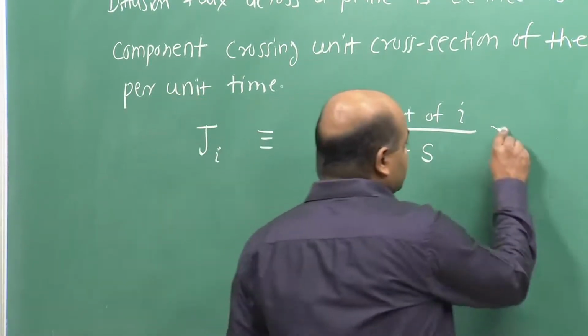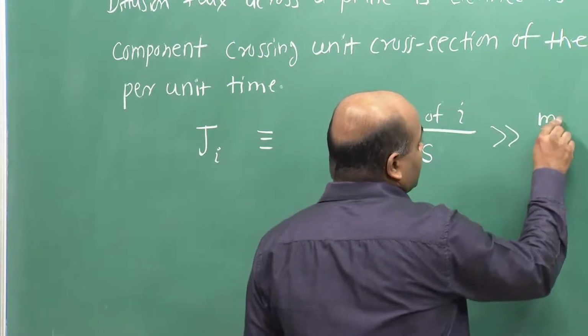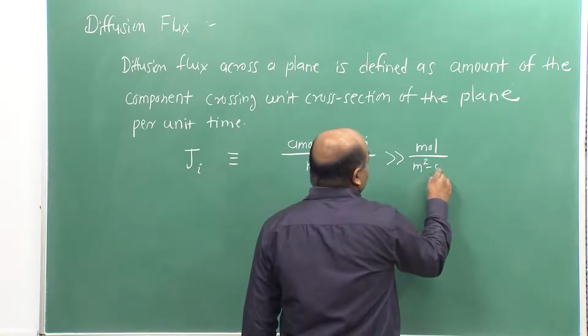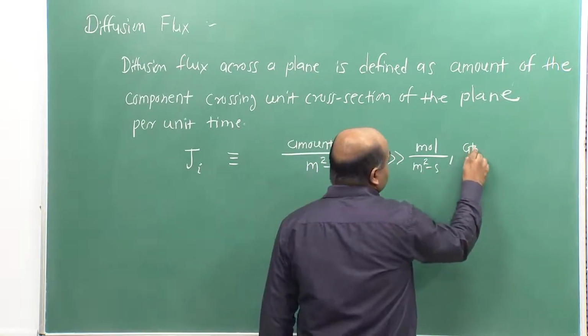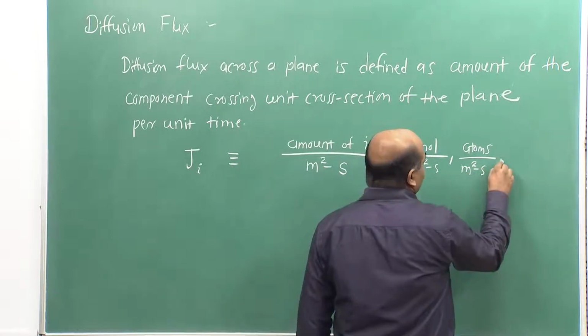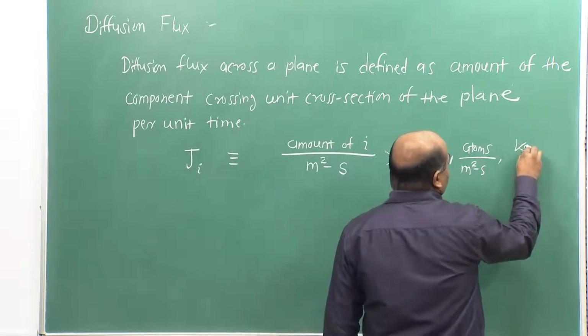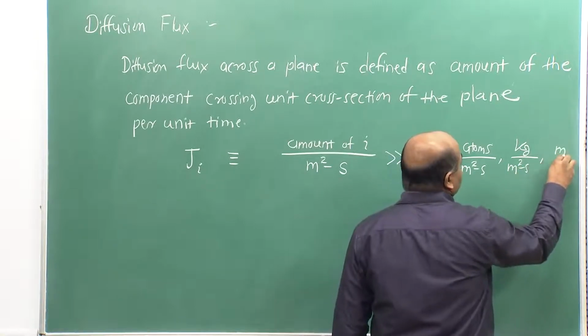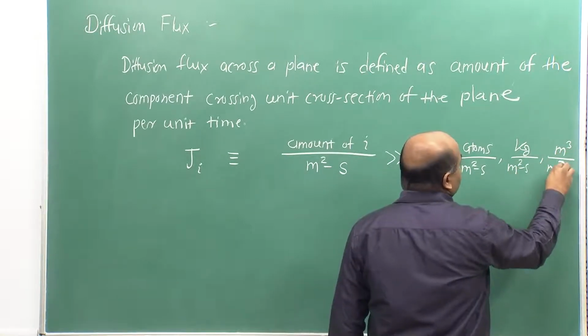So, the various units of flux can be number of moles per meter square per second, or number of atoms per meter square per second, or kg per meter square per second, or it can be even meter cube per meter square per second.